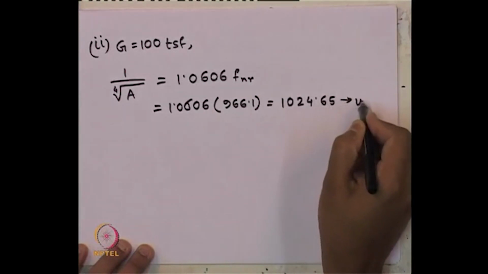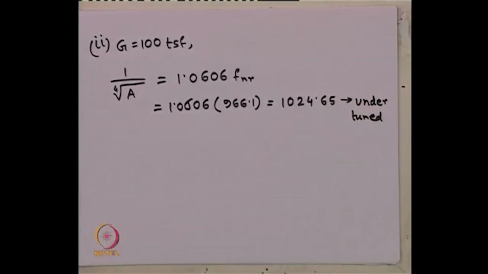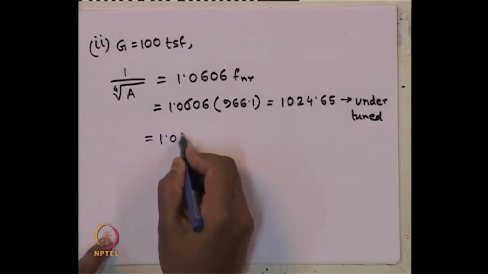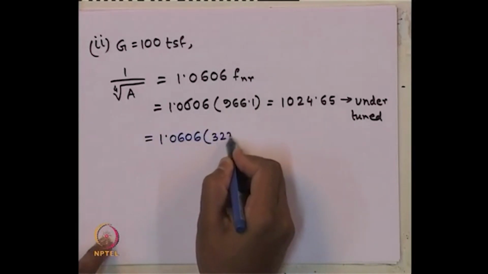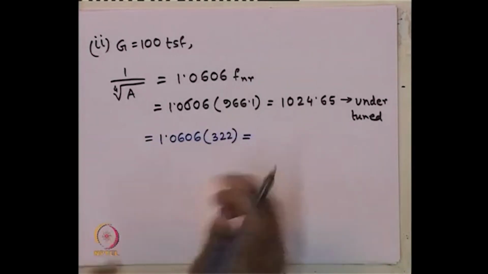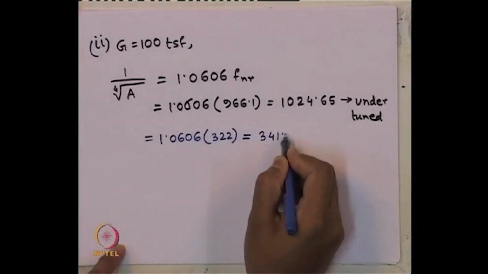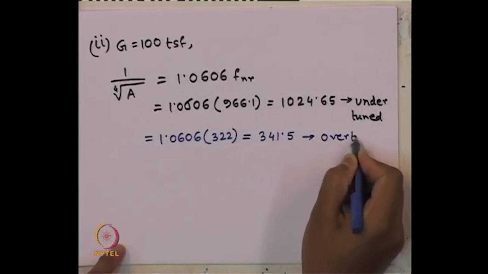That is for under tuned. For the other case of over tuned, it will be 1.0606 times FNR, which is 322, giving 341.5 for over tuned.